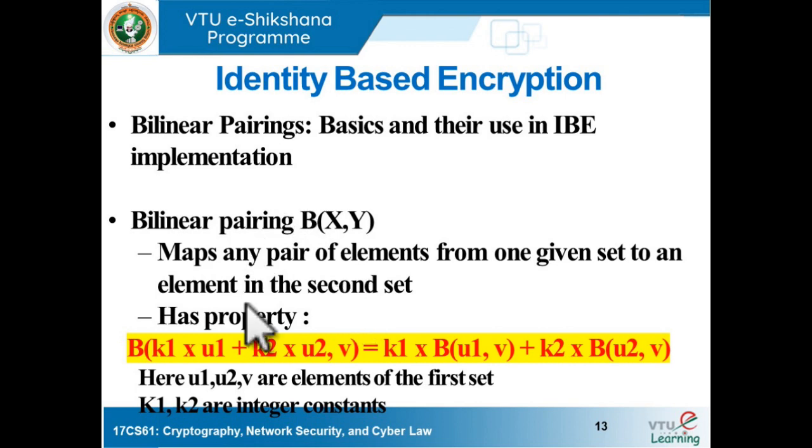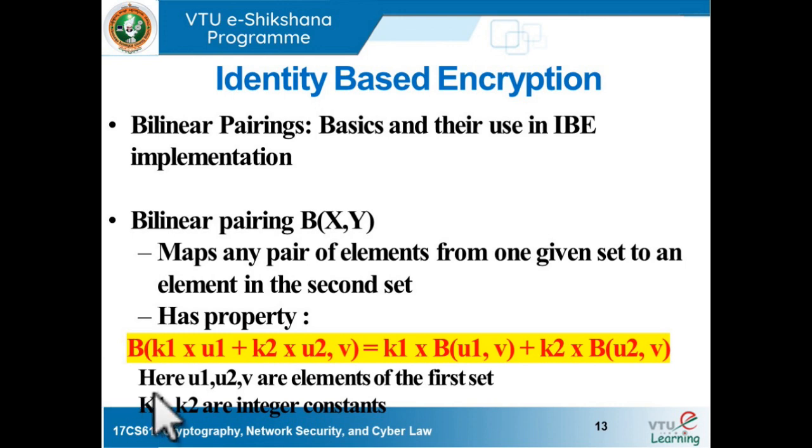Elements from one set are mapped to elements of another set. The bilinear pairing has the property that B of k1 u1 plus k2 u2, comma v, is equal to k1 into the bilinear pairing of u1 and v, plus k2 into the bilinear pairing of u2 and v.